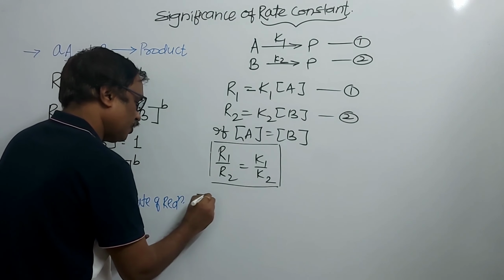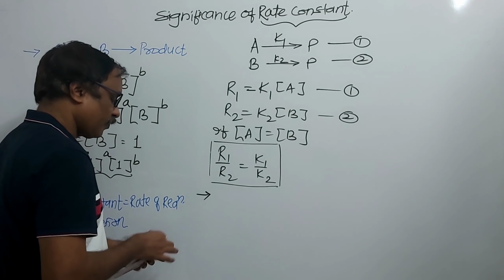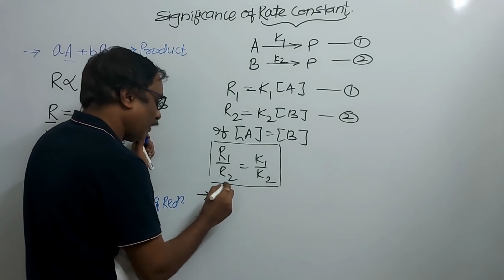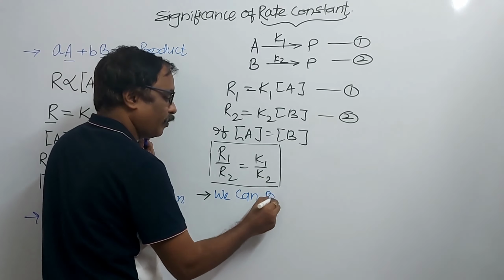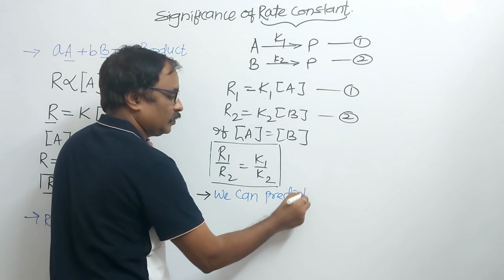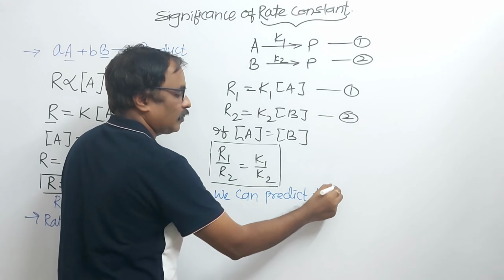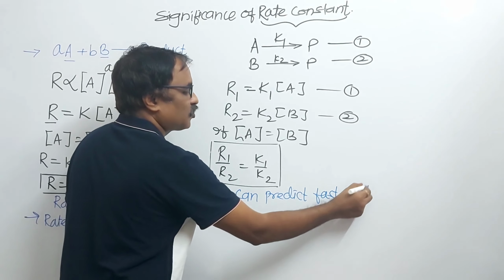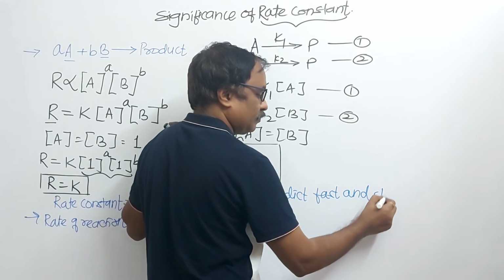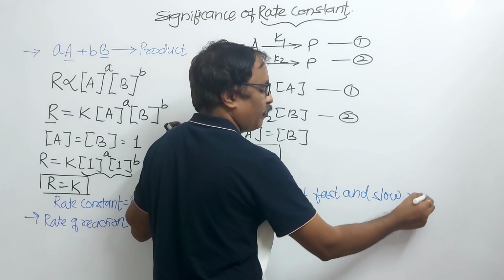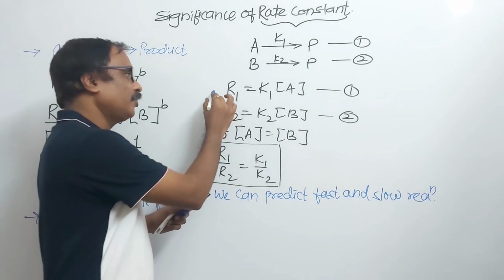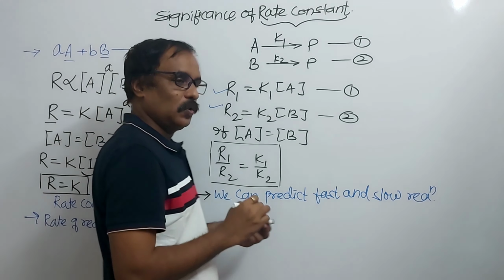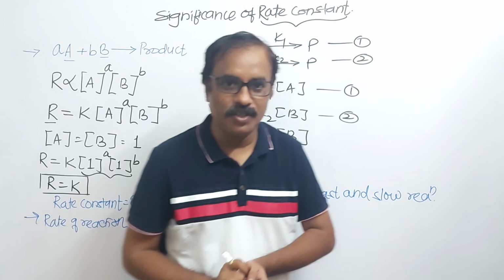So this is the second significance: we can compare and we can predict fast and slow reactions.